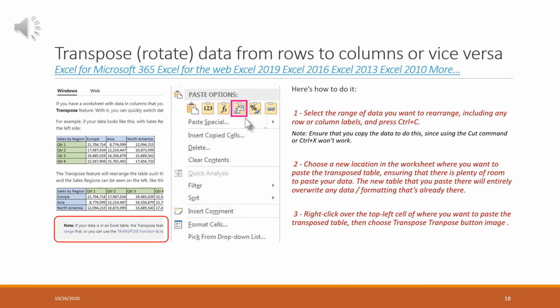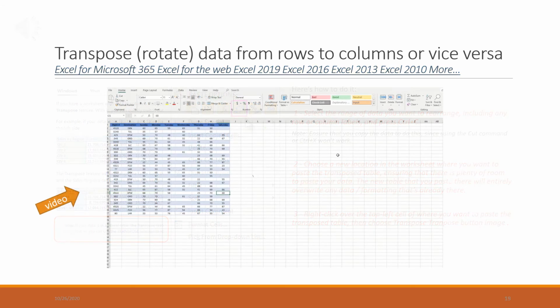In the next slide I will show you a video on transposing a range of data, and you will notice that the symbol is a little bit different, but there is always this curved double arrow that specifies this is the transpose option. And anyway, when you hover on that option, you see the transpose text coming out. So that's how you transpose a range of data.